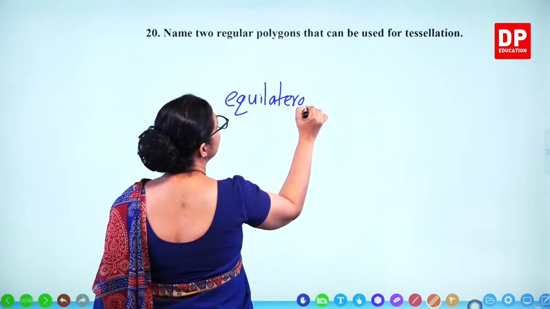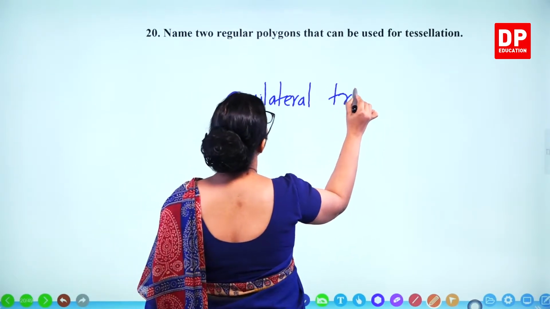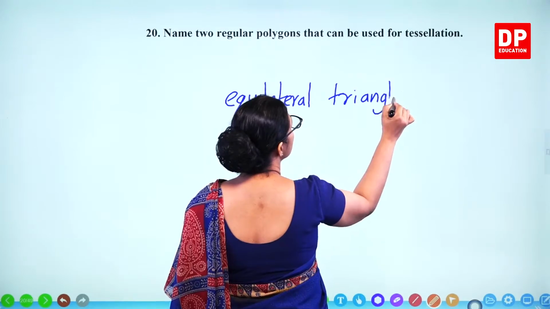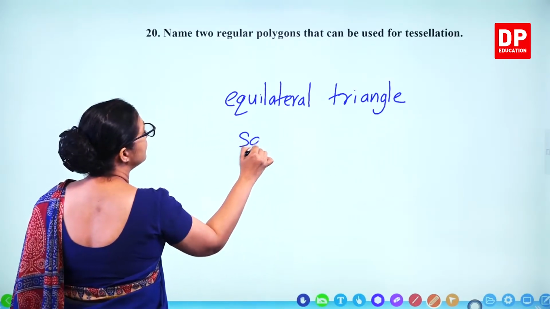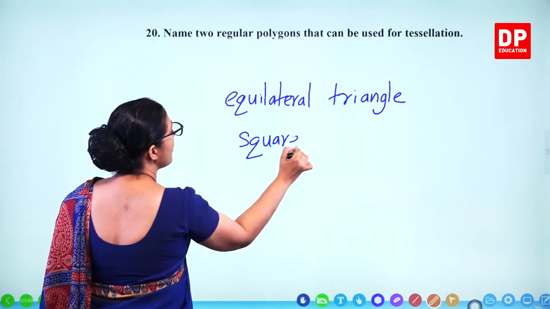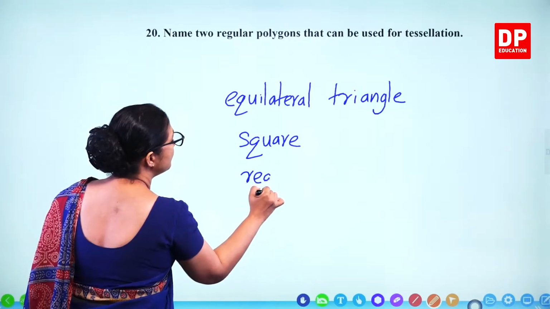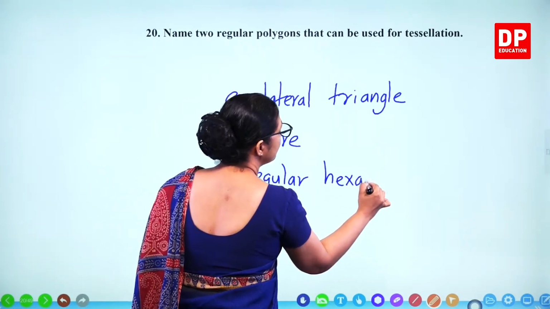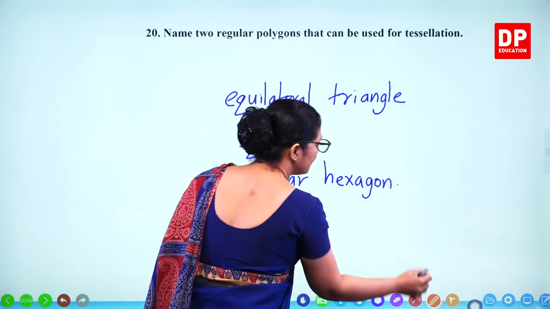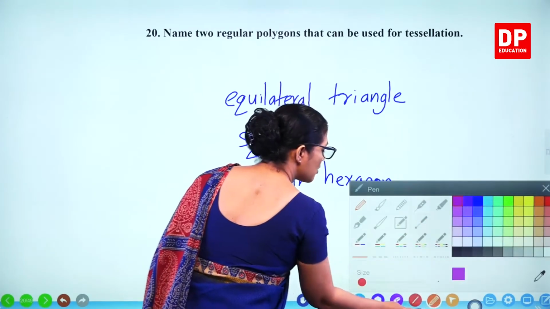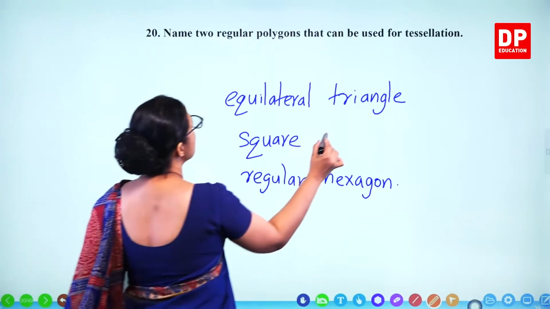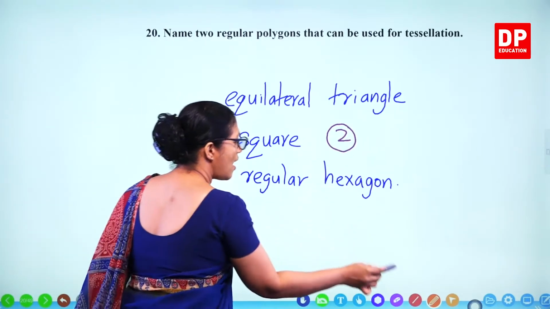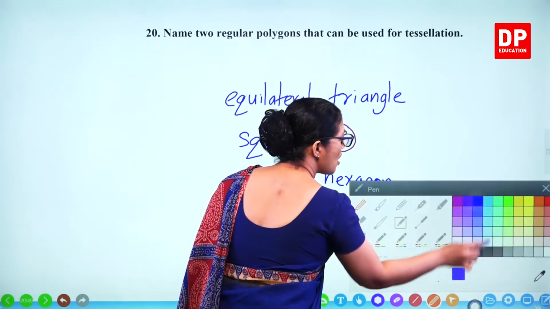Equilateral triangle, square, or you can write regular hexagon. So you get 2 marks. So that's the last question in part 1.